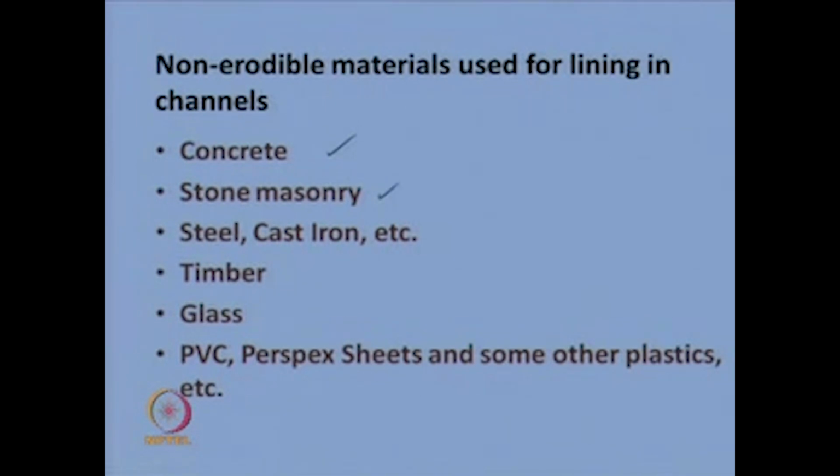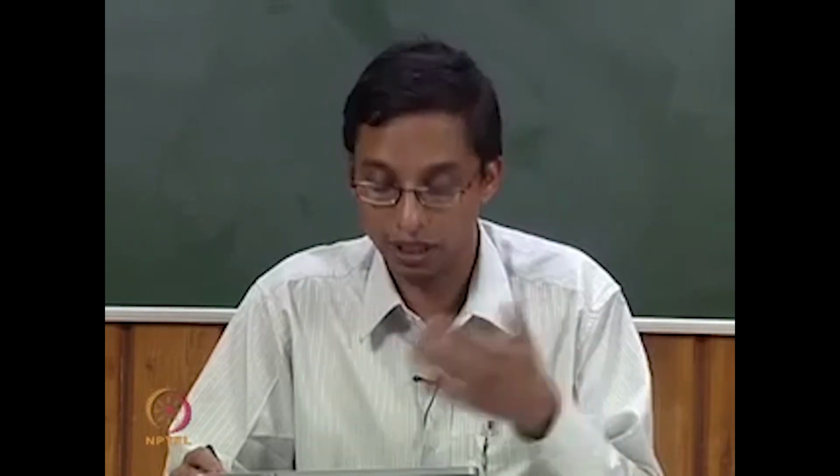Next one is stone. There are various rocky stones and stone masonry, where the stones are much stronger and also avoid erosion of the bed and sides. So, stone masonry is also quite commonly used for lining of channels.